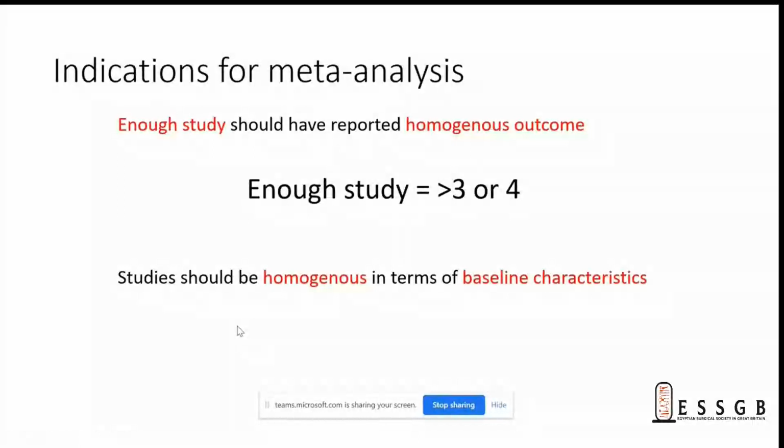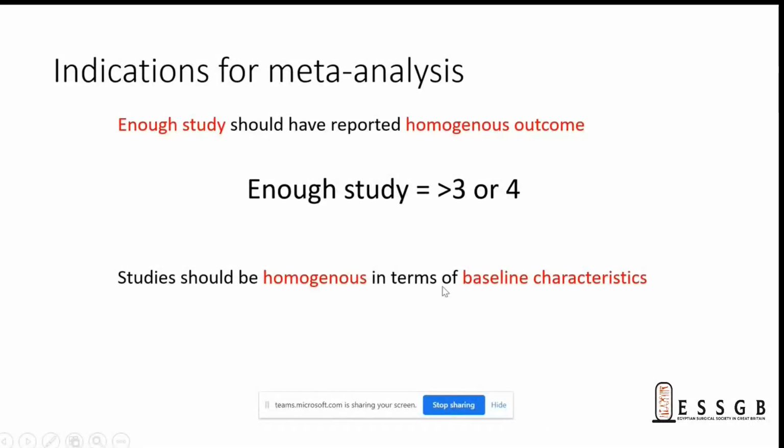What is the indication for doing a meta-analysis, not for conducting one, in terms of the analysis itself? If you've got more than 3 or 4 studies, you can do a meta-analysis on that. For example, even if you have identified 10 RCTs and 3 or 4 of them reported one outcome, you can do it. I say 3 or 4, I'll tell you why. Because sometimes the studies are not homogeneous.